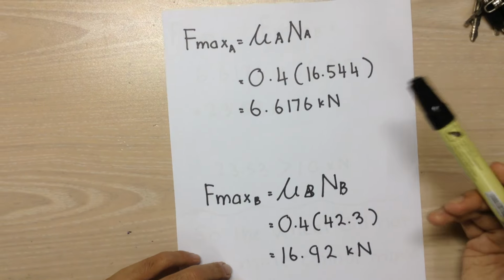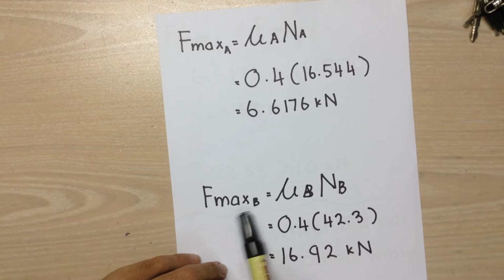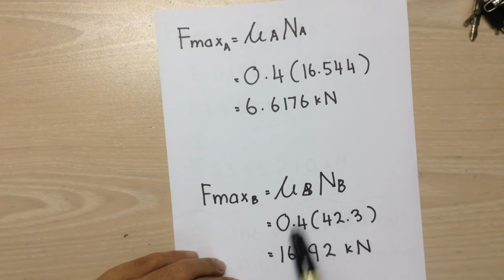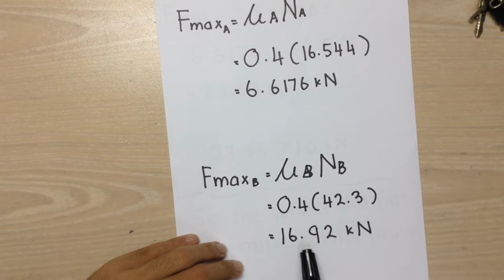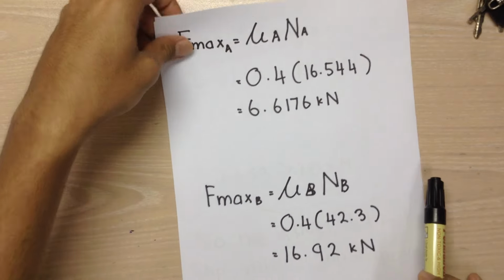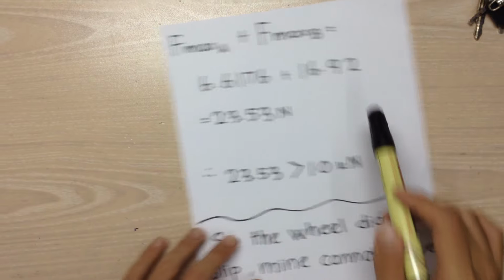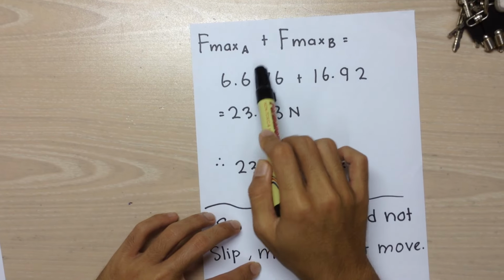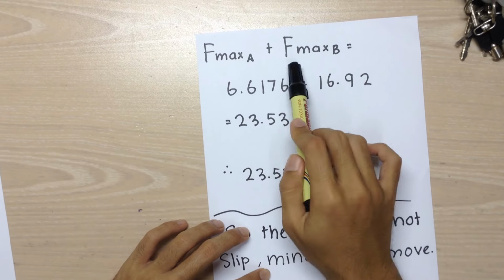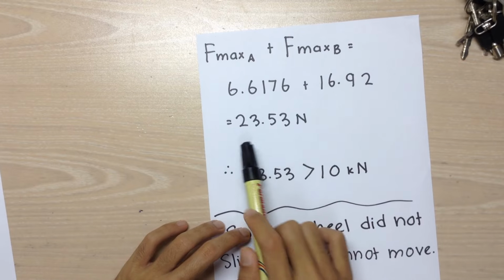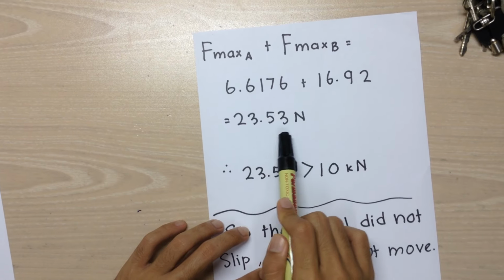And then we do the same thing for the F max at rear B. So we get 16.92 kN. And then we add up the F max at A and the F max at B. So we got 23.53 kN.